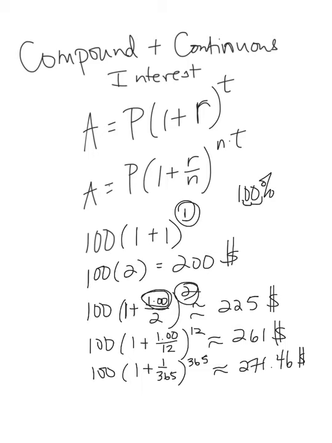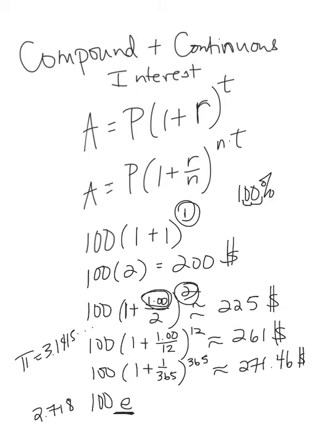So that brings us to our point of continuous. 365 is daily. If we are compounding something continuously, we are going to use this irrational number, e. So just like pi equals 3.1415, blah, blah, blah, e is some number just like that.